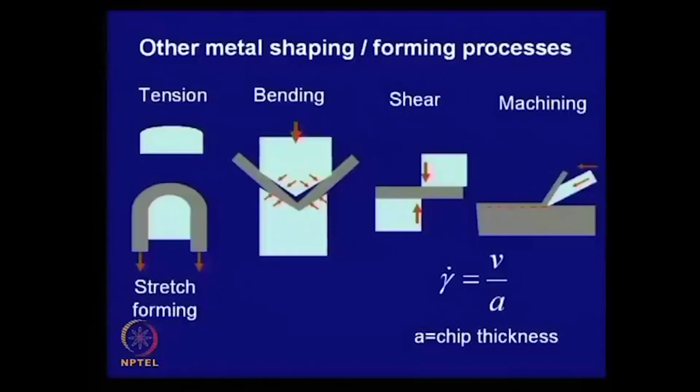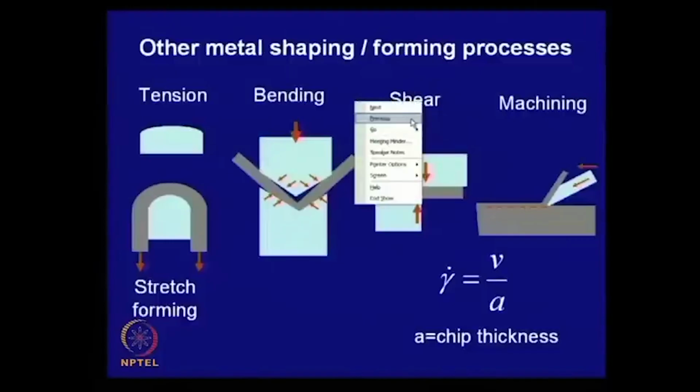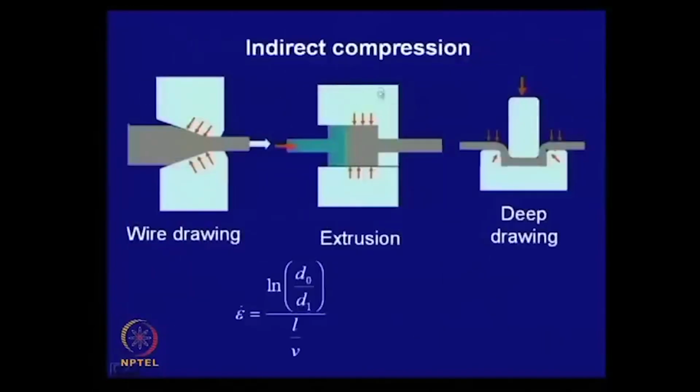Similarly, there are many other forms of metal shaping. The previous one is one of indirect compression. Here, apparently we are applying tension, but the ultimate load is compression.